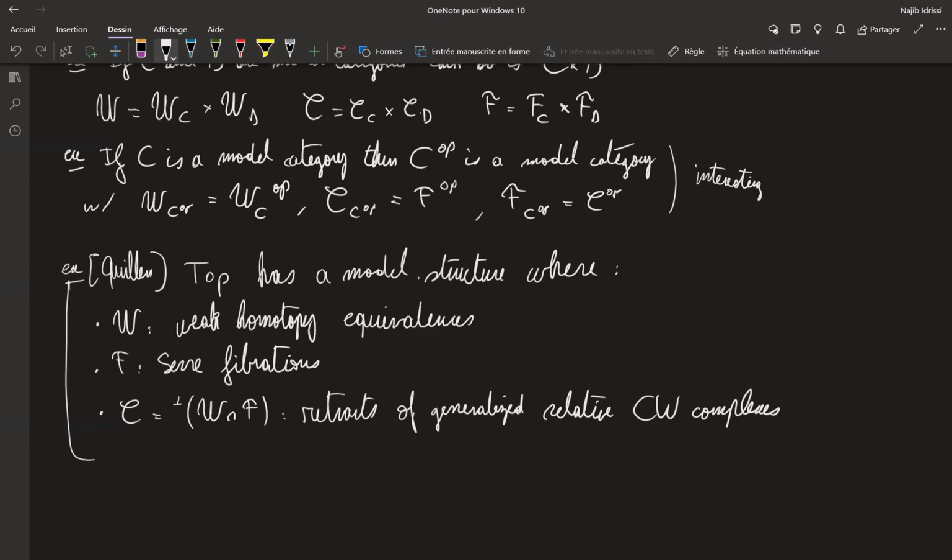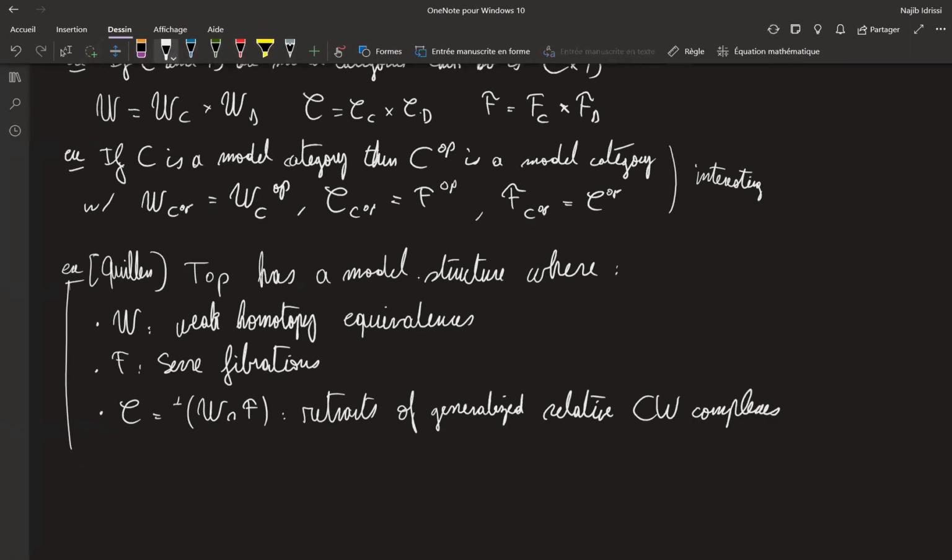What you really want are homotopy equivalences, and to invert homotopy equivalences, you have to deal with models, and models are, as we said earlier, generalized CW complexes.